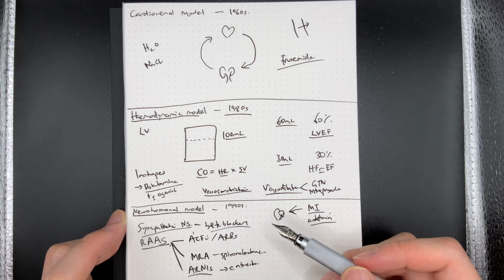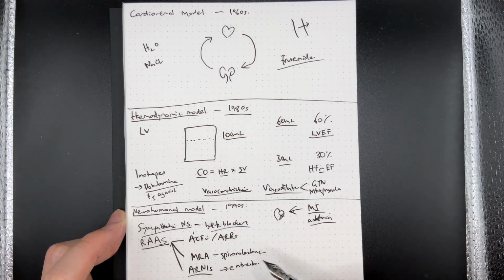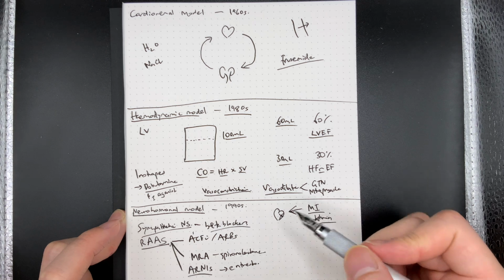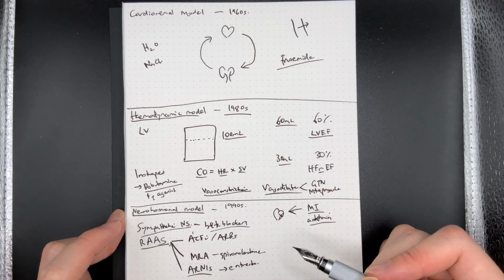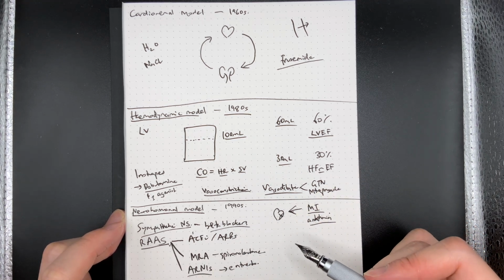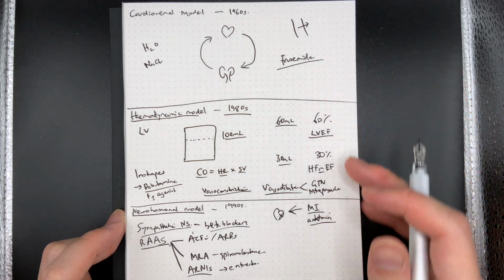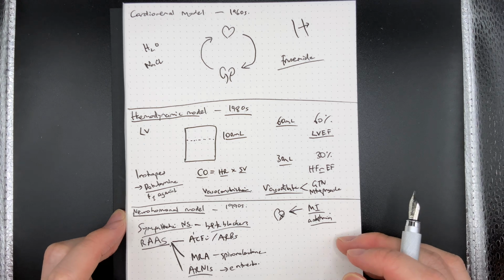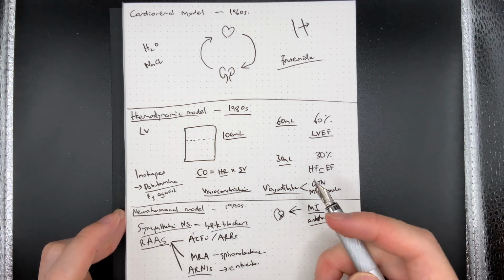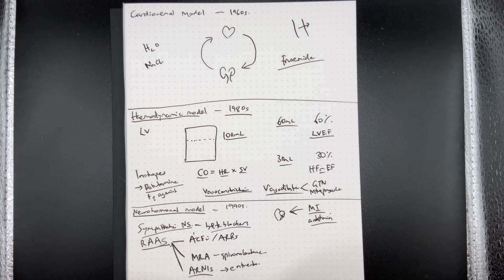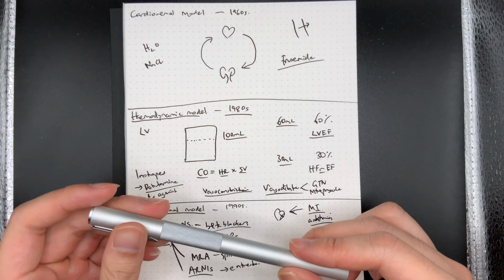The ins and outs here is that by blocking the neurohormonal mechanisms that cause heart failure to progress over time, you'll reduce progression, improve mortality, and also improve quality of life. So this is our understanding of heart failure, or my understanding of heart failure, at a reasonable summary level, at a basic level, and I hope this was helpful.